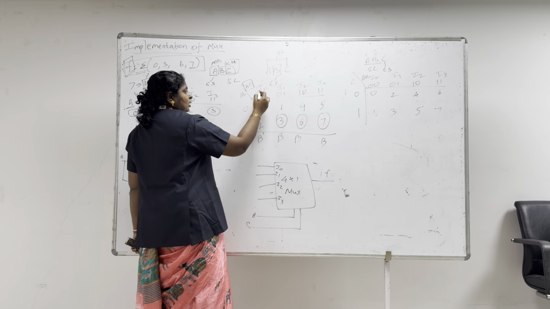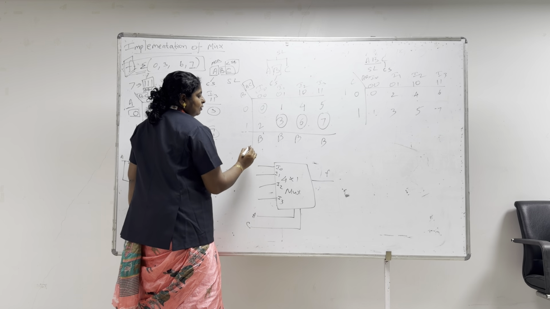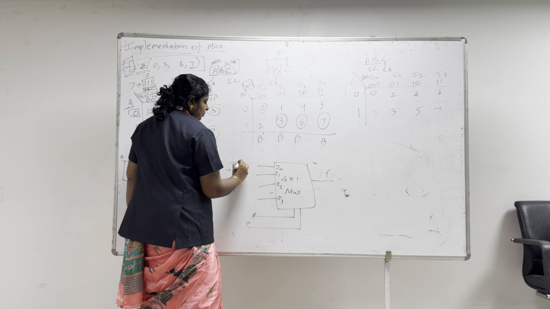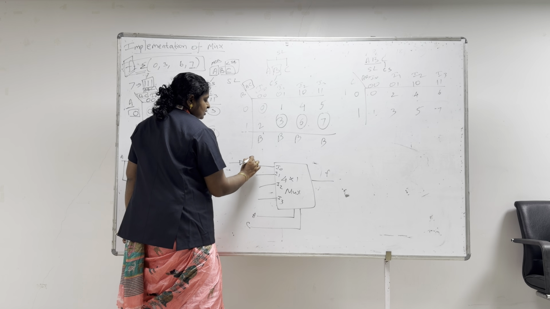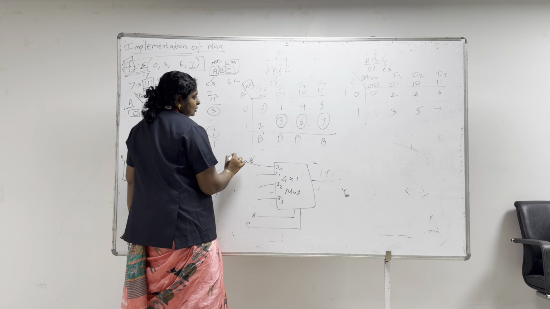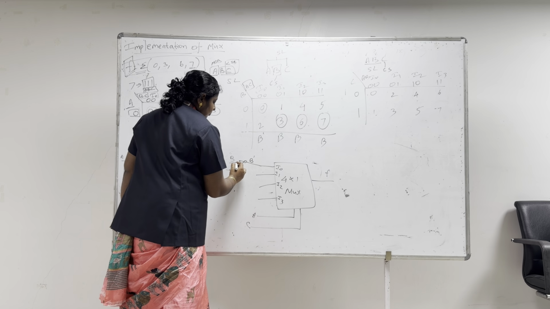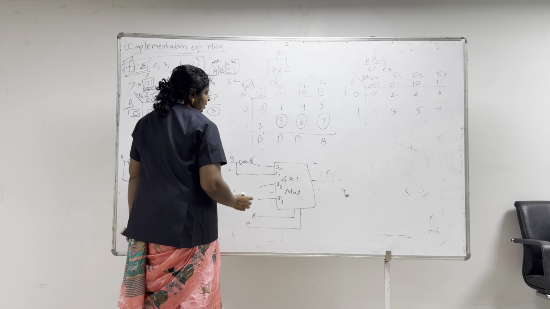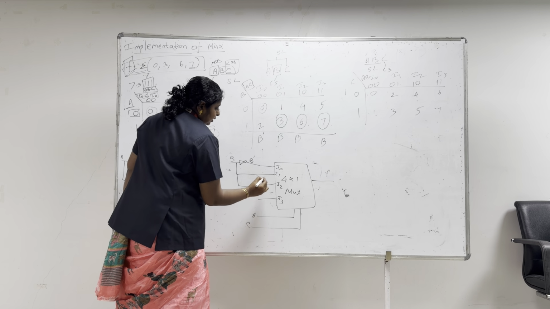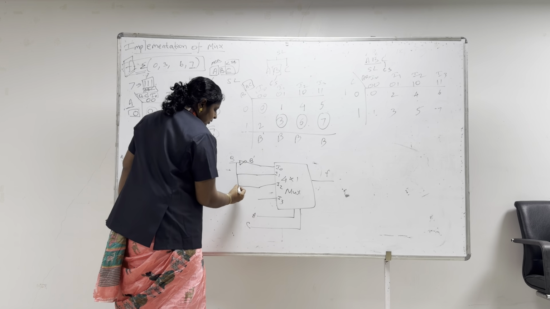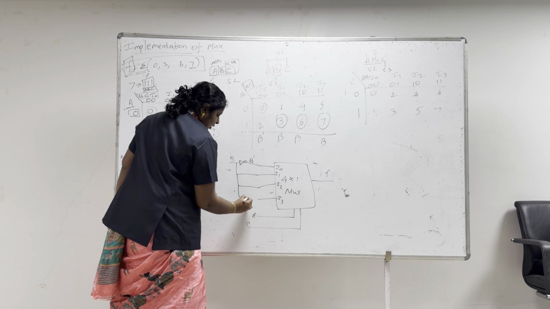Okay, so for I0, my control signal value is B bar. Take B, connect B bar. Okay, this is B bar. Similarly, I1 is B, take it and connect it. Similarly, I2 is also B, so connect it. And I3 is also B, take it and connect it.